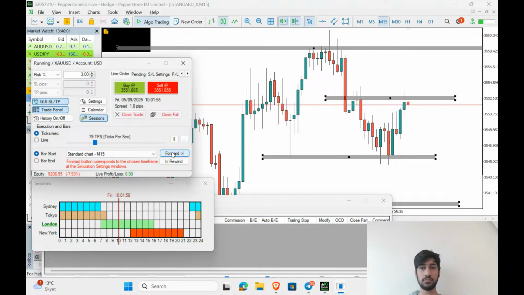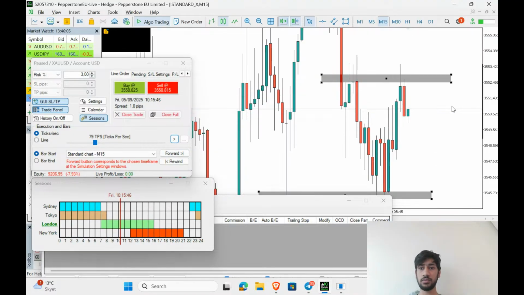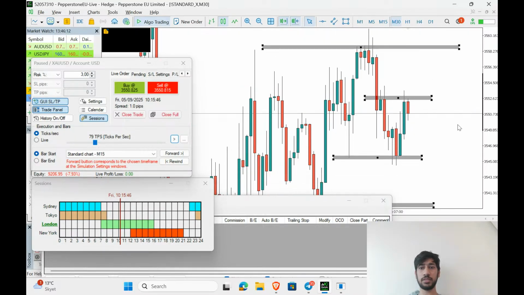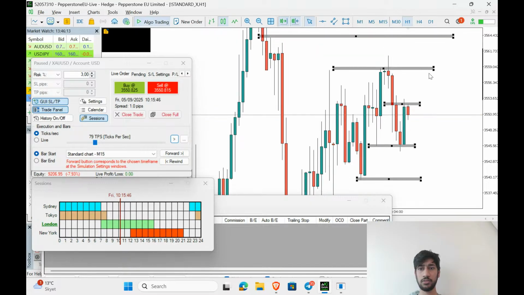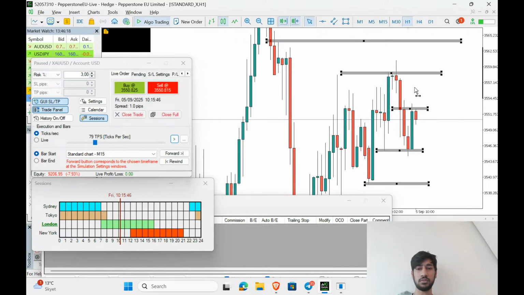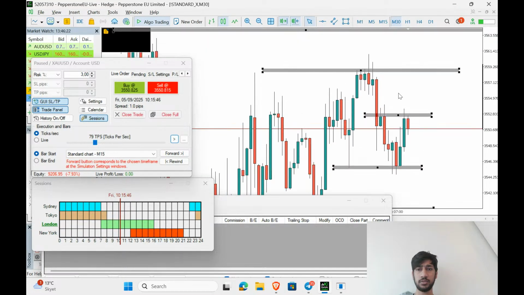Forward, forward. We found resistance. How big is this range? 48, 49, 50, a 20 pip range. H1 closed bullish, right? H4 is like this. H1 closed bullish. We found support on H1. M30, we are forming some sort of resistance.